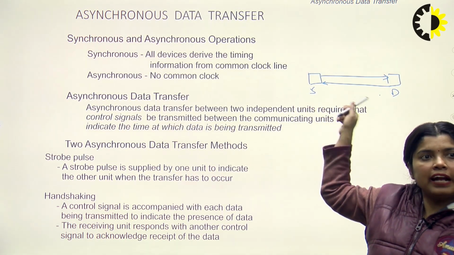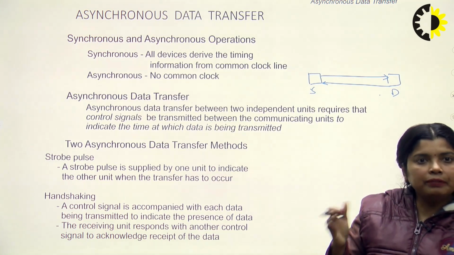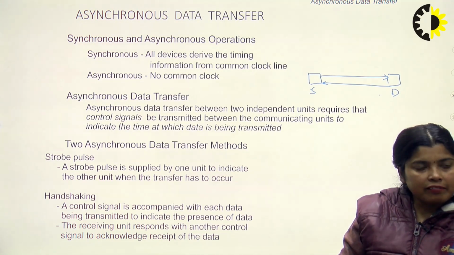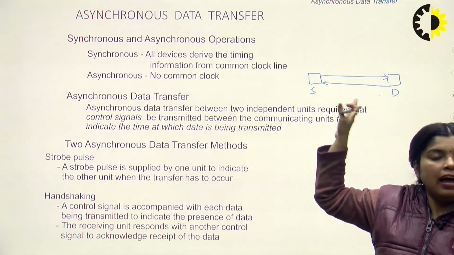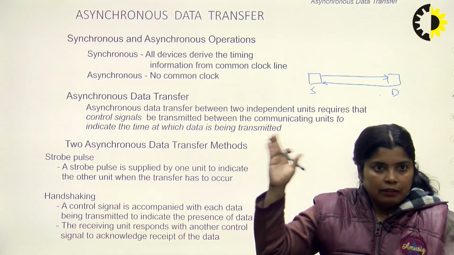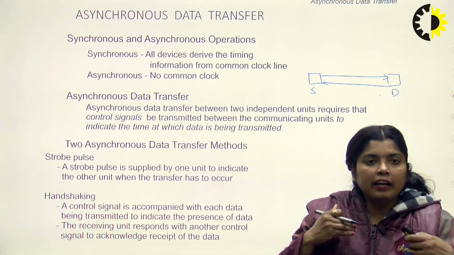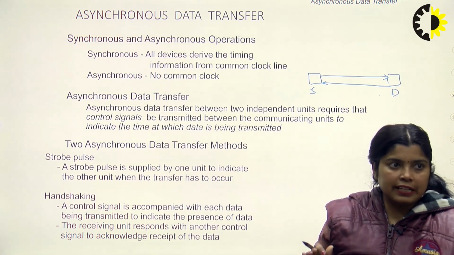If the source and destination have the same clock, meaning at the same time they are receiving and transmitting the signal, then it is called synchronous data transfer. And when the source and destination are not on the same clock or not transmitting at the same time, then it is called asynchronous data transfer.